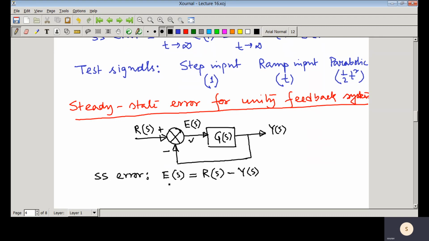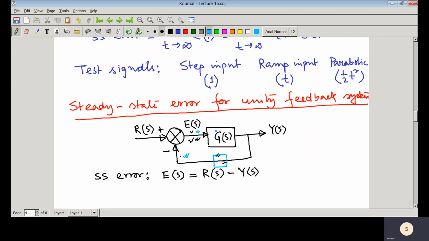So this difference is actually that error signal. And in case of unity feedback, you will get it here. But if it is not with unity feedback, that means if there is some transfer function here, then you can see that this is no longer the error signal, because whenever you have a transfer function here, this signal is different from that Y(s), and if you subtract it, it is not that error signal.